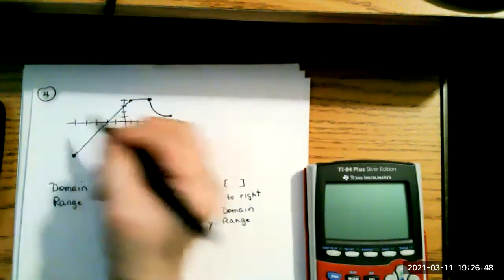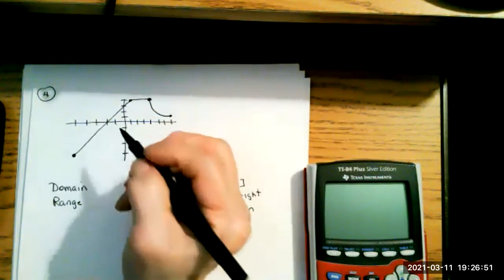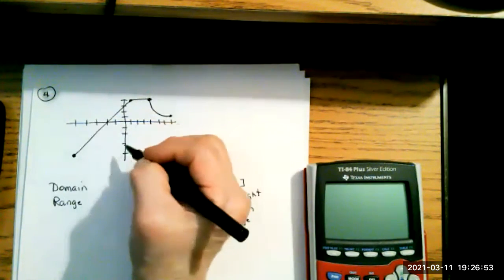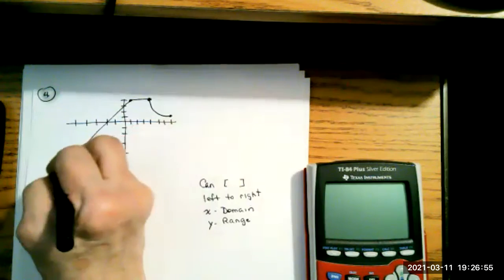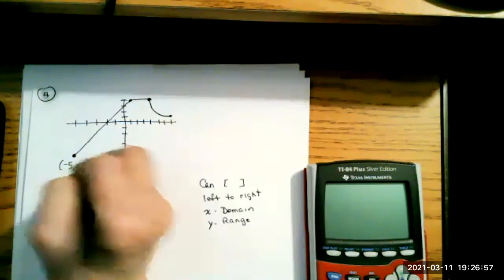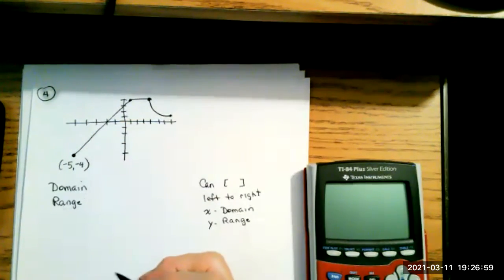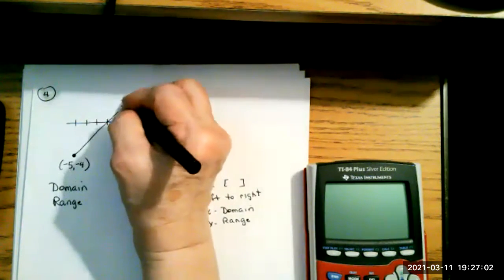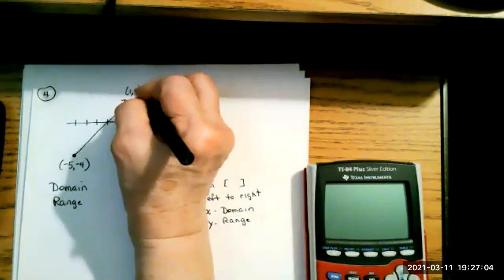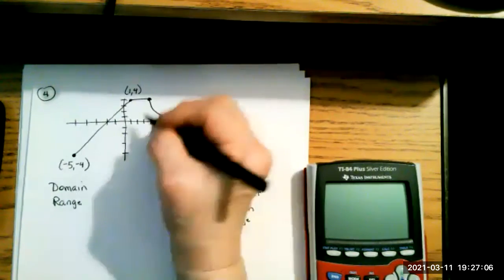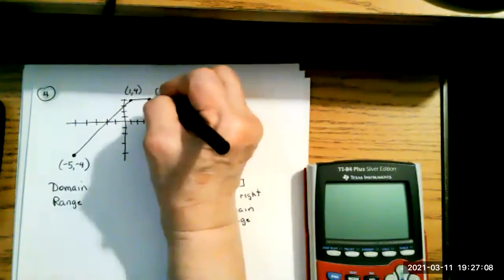1, 2, 3, 4, 5. 1, 2, 3, 4. So that's -5, -4. And this one looks like 1, 4. And 4, 4.